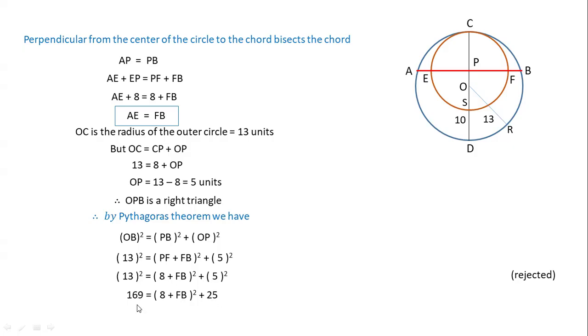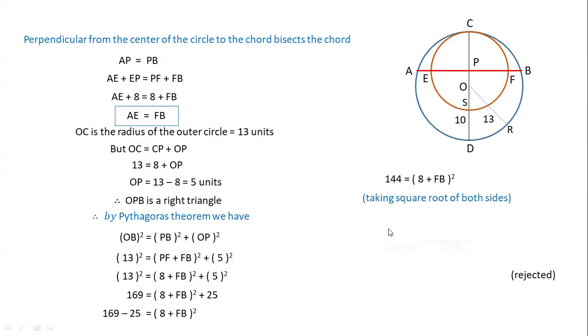Let's take 25 this side and subtract: 169 minus 25 is equal to (8 plus FB) square. 169 minus 25 is 144.